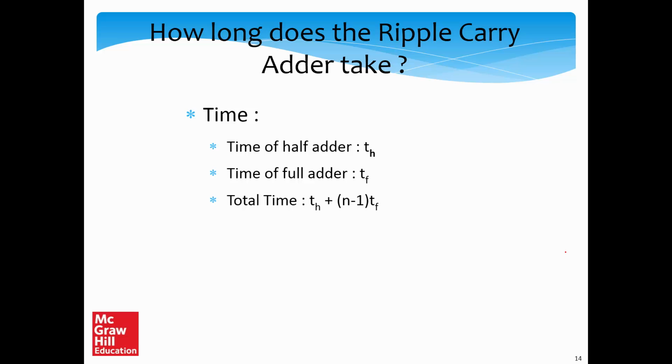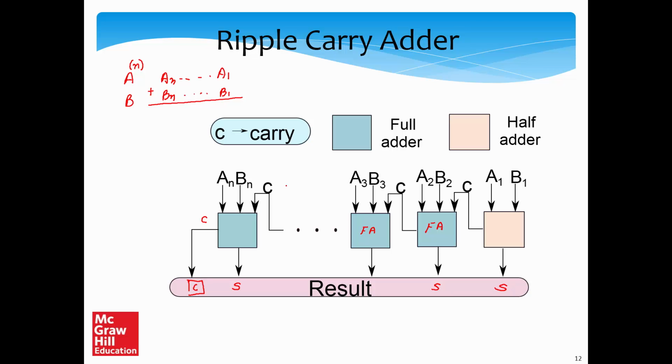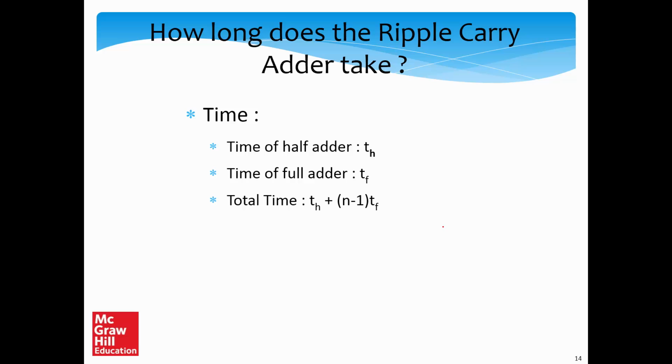The total time this adder will take is the time for one half adder to compute its carry, and then since these are in series, it will be th plus n minus 1 times tf, because in an n bit addition, we'll have n minus 1 full adders.